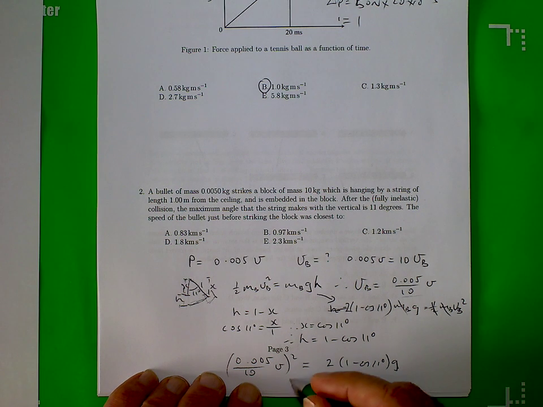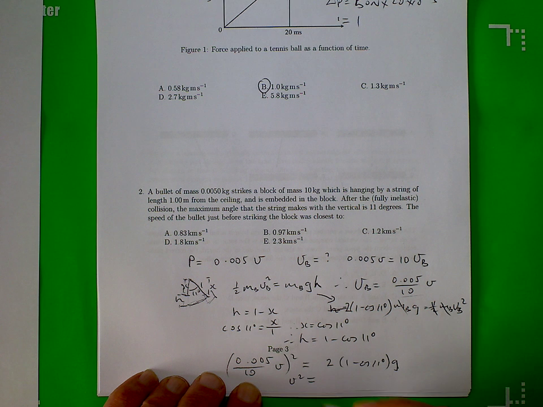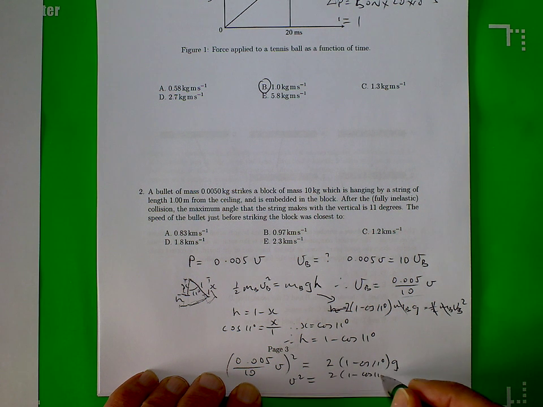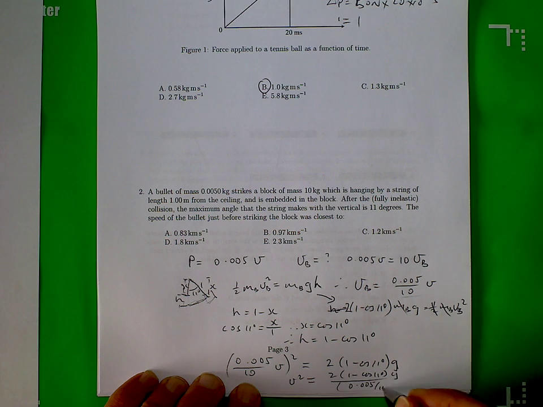So V squared equals 2 times (1 minus cos 11 degrees) g over (0.005 over 10) squared.